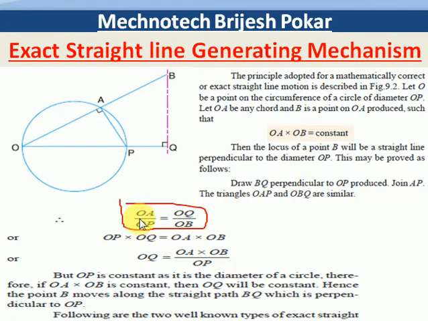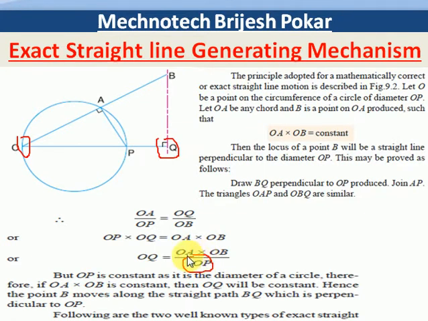So OA into OB. Now this OB comes here and this OP comes here. So OP into OQ is equal to OA into OB, and again OP goes down. Then OQ is equal to OA into OB upon OP. But OP is the diameter, so it is constant.